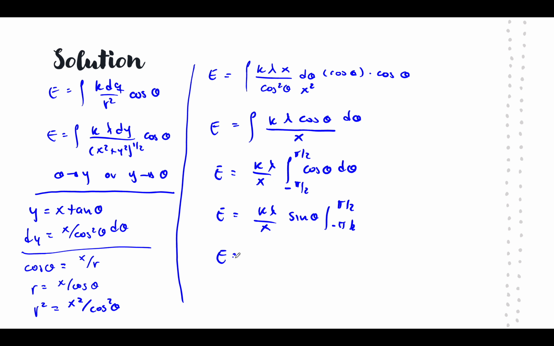So this is going to be equal to k lambda over x times 1 minus k lambda over x times negative 1. So electric field is equal to 2k lambda over x.